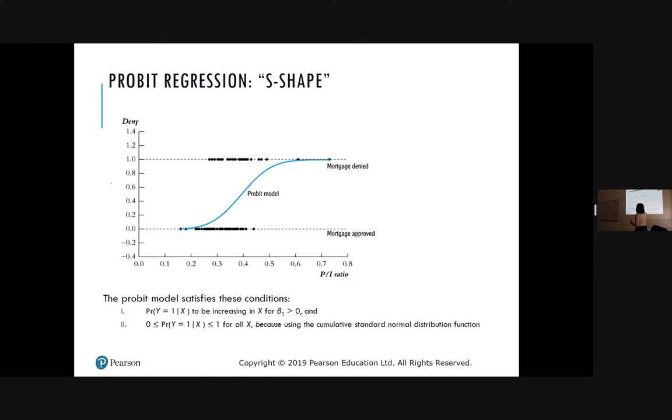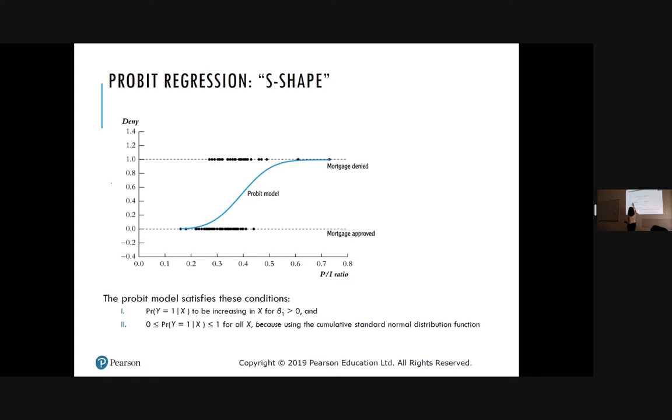This is again a scatter plot of x. This is the payment to income ratio. This is the dummy variable, which is defined as y equal to 0 or y equal to 1. And when we use a probit model, increasing the payment to income ratio from 0.3 to 0.4 has a particularly big effect, I would say, on the probability of being denied.